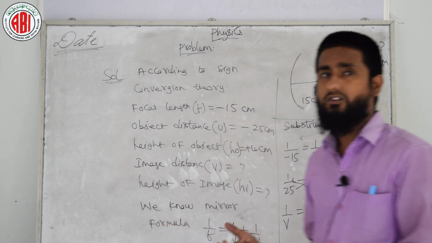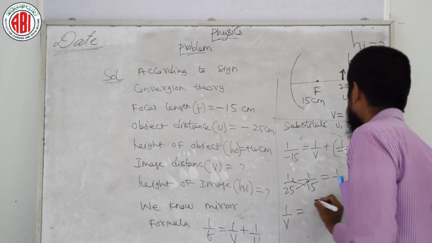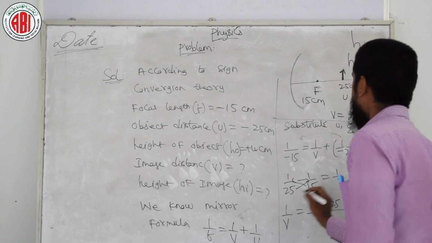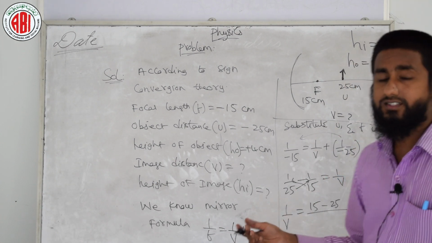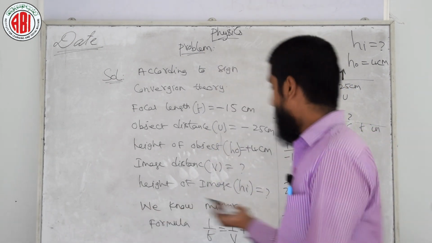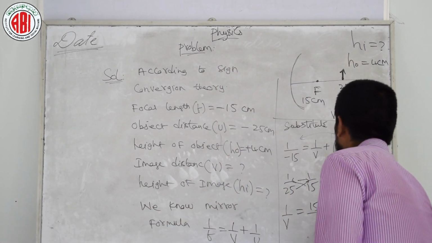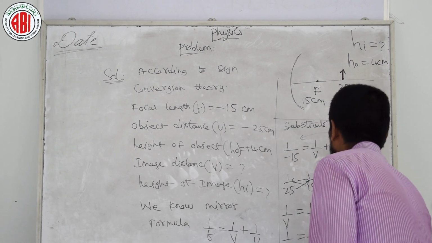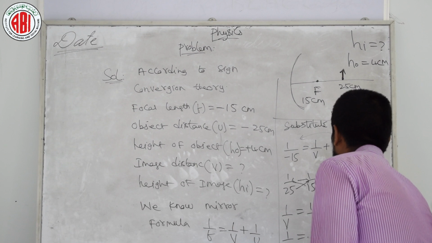Here I am cross multiplying: 15 minus 25 by 25 into 15, 25 one's are 25, 15 one's are 15, like that, 25 fives are 125. It is nothing but 375. 1 by V is equal to minus 10 by 375.